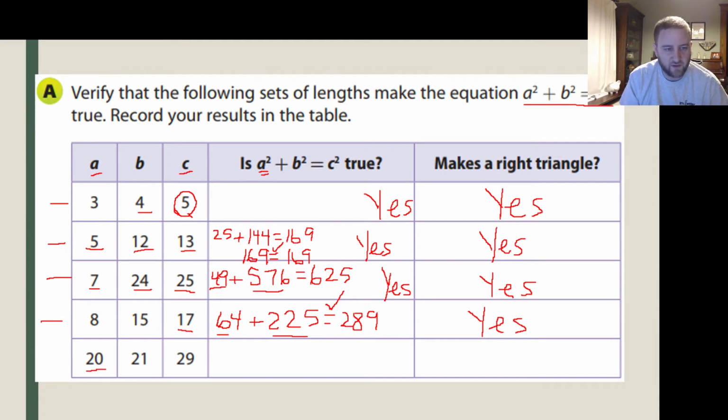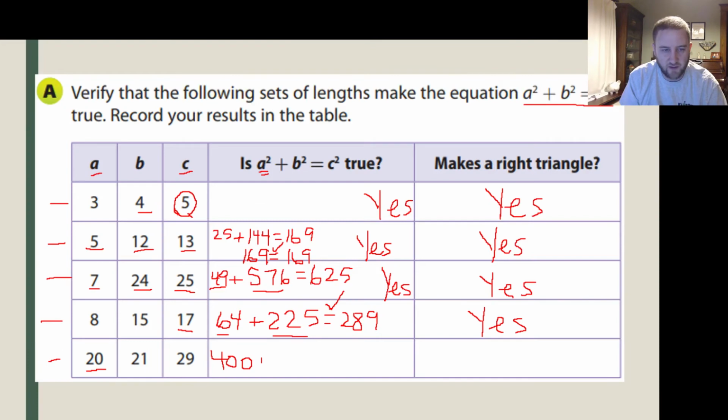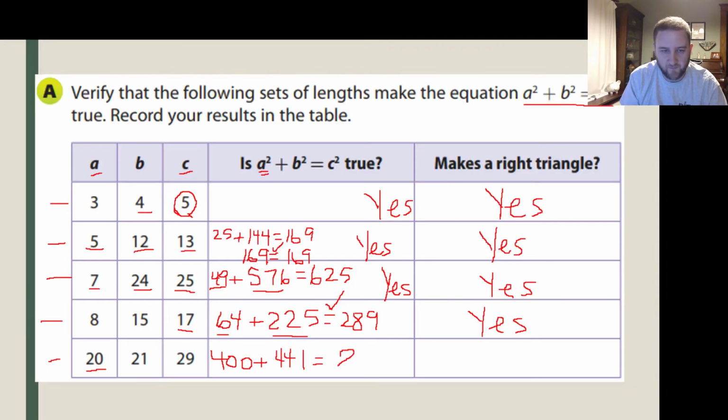And then this last one, 20 squared is 400. 21 squared, let's go ahead and plug that one into the calculator. 21 squared is 441. And then 29 squared is 841. 400 plus 441 is equal to 881.